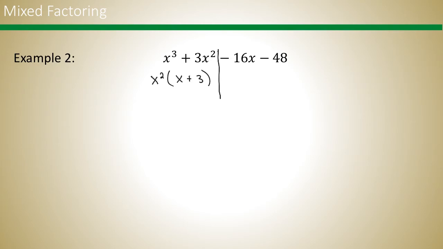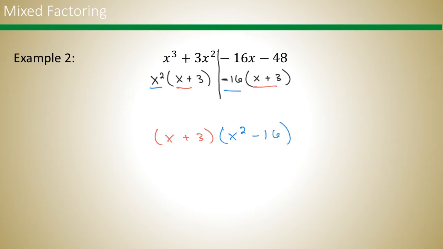The second 2 terms, you bring down the negative, and they can both be divided by 16, and then we're left with x plus 3. Now there is a common factor between these 2 groups, x plus 3. So we bring that down, x plus 3, and then x squared minus 16 is what's left over here.